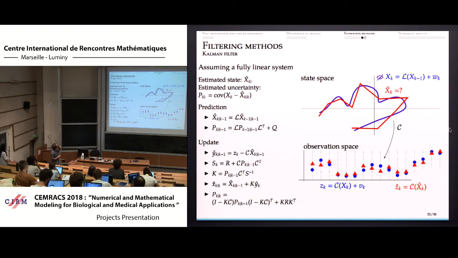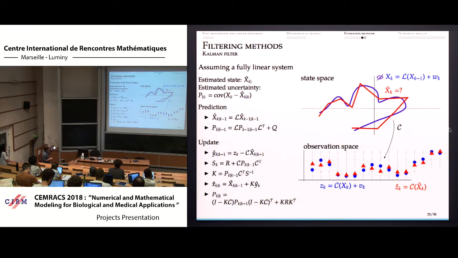Starting from an estimated state x_k hat and an estimated uncertainty, which is the covariance essentially between the true state and your estimated state, you can predict the new position by applying L, and the new covariance by applying L on both sides and adding Q, the covariance matrix associated with this noise.